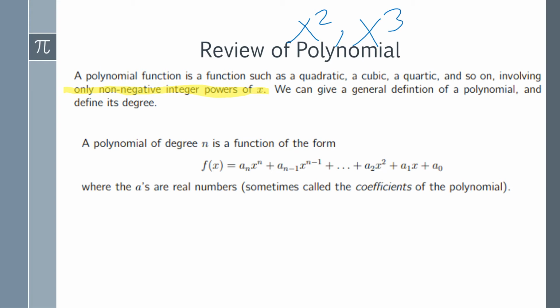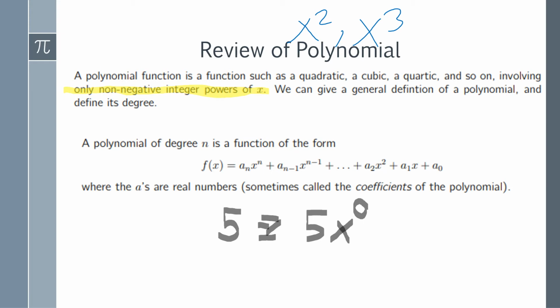So let's go through this. If I was to say 5, as I said before, 5 is a polynomial function because 5 has a variable of x to the power of 0.